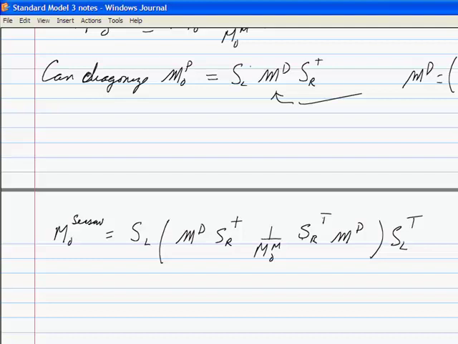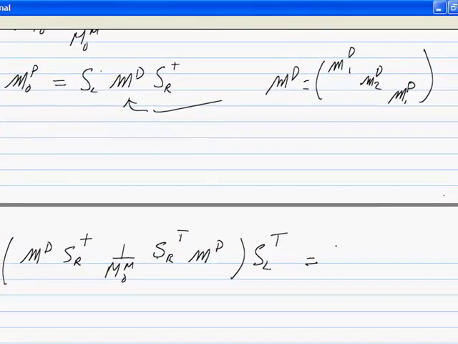This in the literature is often called the central matrix, C.